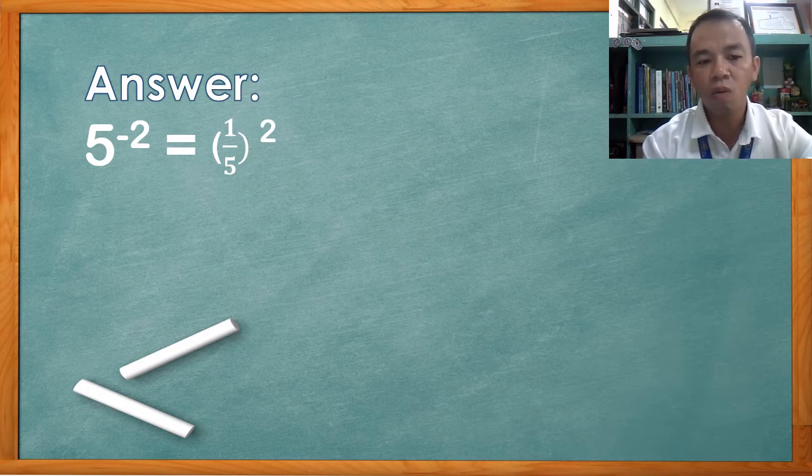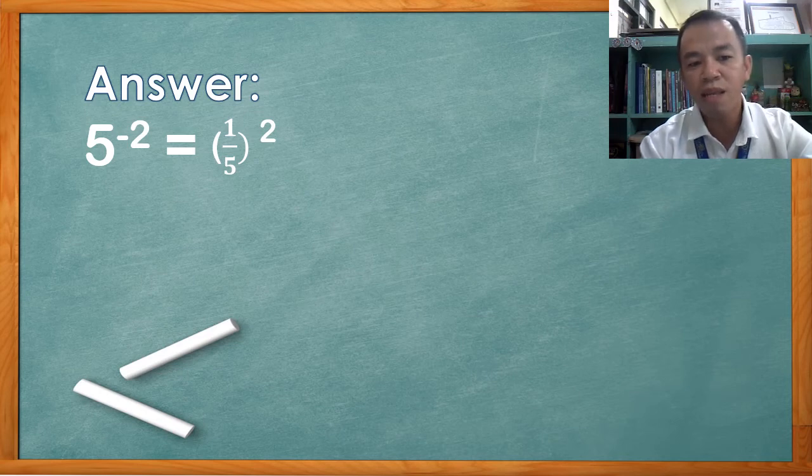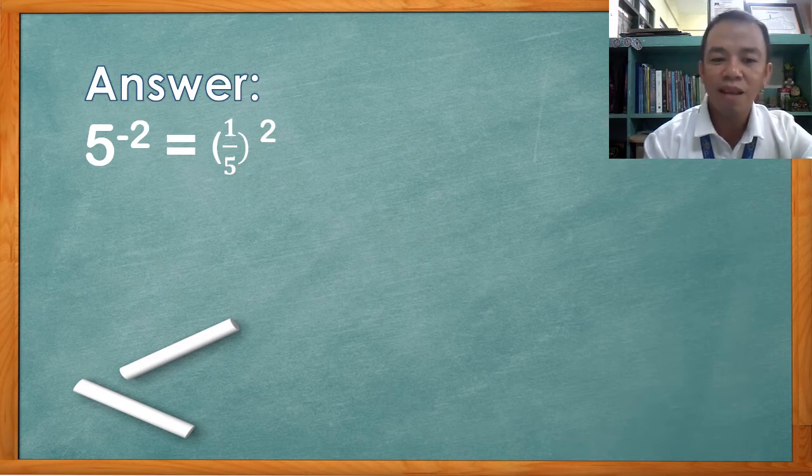It would become 1 over 5. So to eliminate the negative from that negative 2, 5 would become the fraction 1 over 5, and we will eliminate the negative on its exponent. So 1 over 5 to the power of 2.